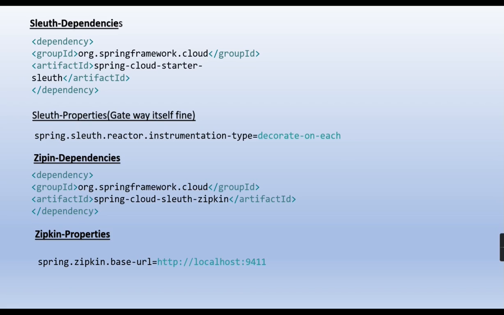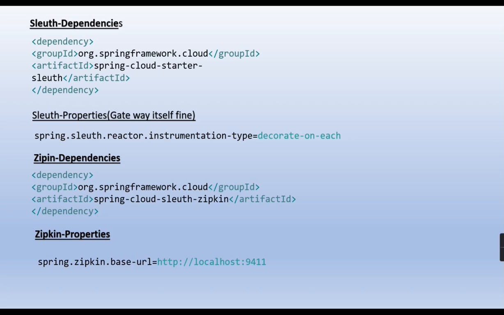Wherever we are using microservices, inside those pom.xml files we need to add the Sleuth dependency. Along with the Sleuth dependency, we also need to add a Sleuth property: spring.sleuth.reactor.instrumentation-type equal to decorate-on-each. We need to ensure this property is added once we add the Sleuth dependency and property across all the services, including the gateway and Eureka server.